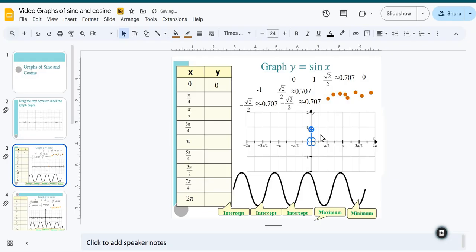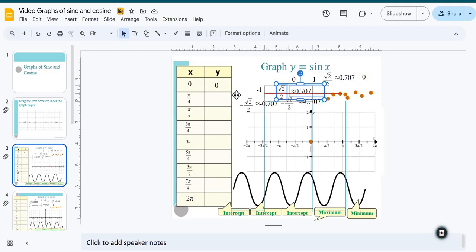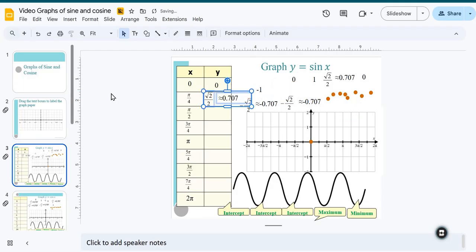As accurate as we can get it. It doesn't have to be perfect, but just so that we get the general idea. So next up in our first quadrant, we're looking at pi over 4. So in our first quadrant, sine is positive. And for pi over 4, it's going to be the square root of 2 over 2. Now notice that we do have the equivalent decimal approximation. We have that because, again, we're going to be graphing this.